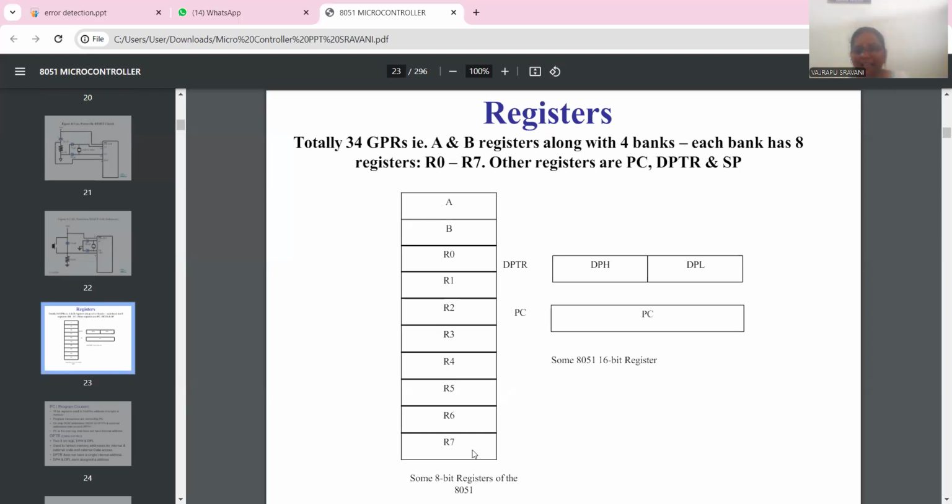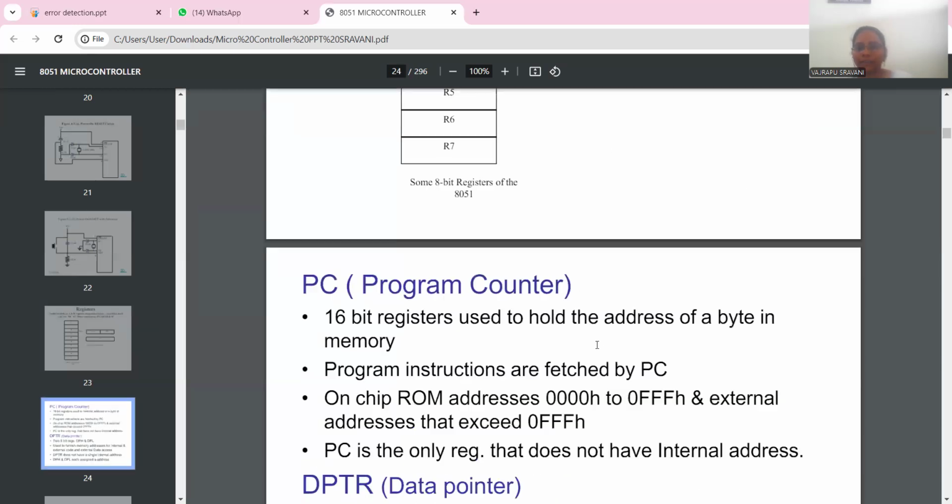Each bank has 8 registers. 8 into 4 is 32 registers, as well as A and B, making 34. So totally 34 general purpose registers are available along with A and B. Then there is the program counter, and the DPTR, DPH and DPL, the data pointer higher as well as the data pointer lower, are also available here.